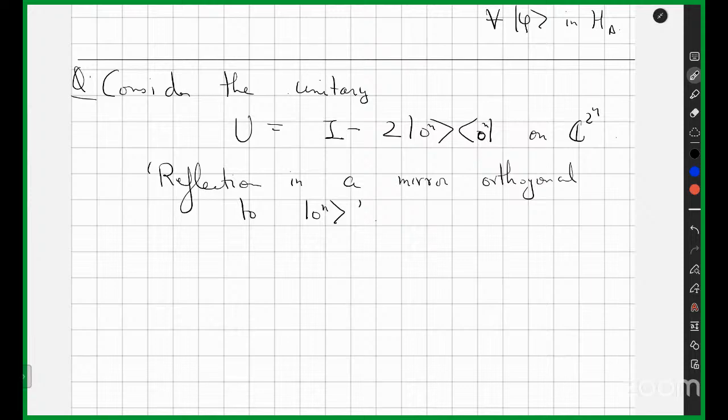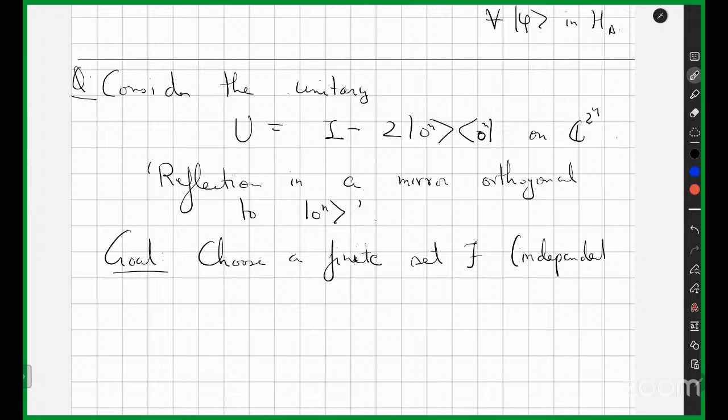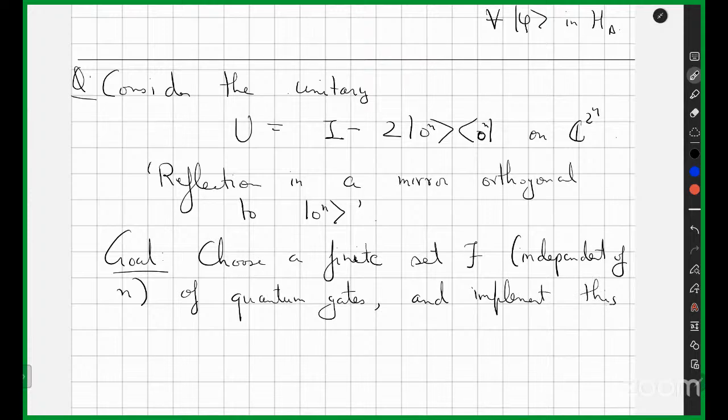So the goal: choose a finite set, independent of n, of quantum gates, and implement U.